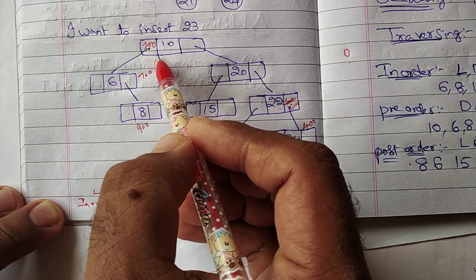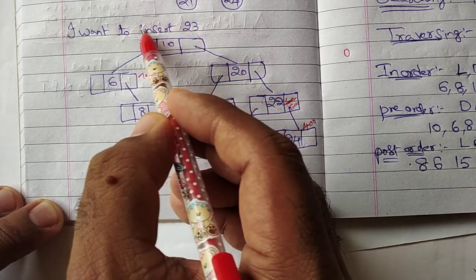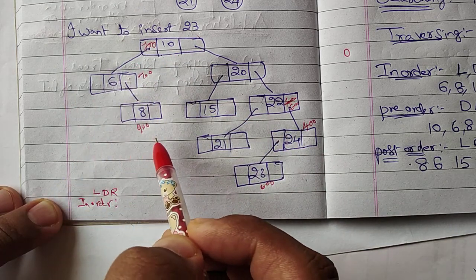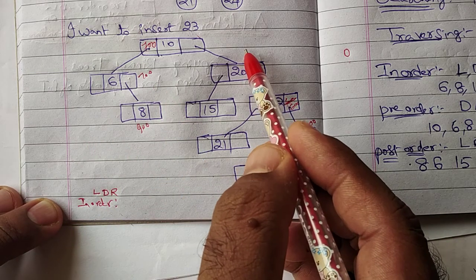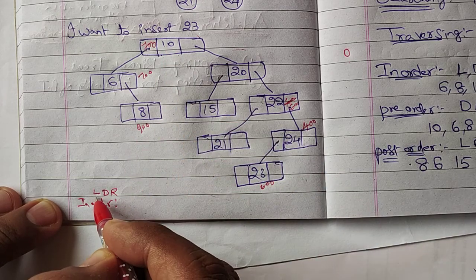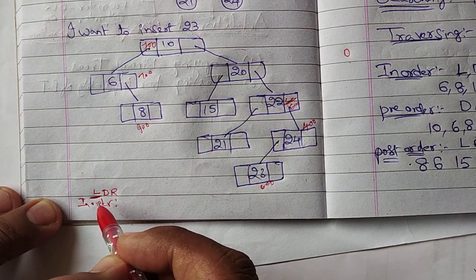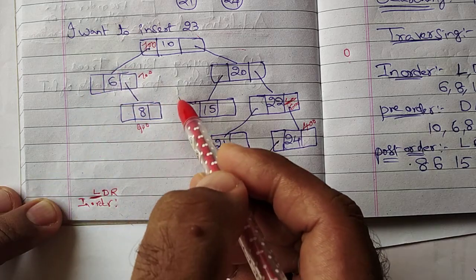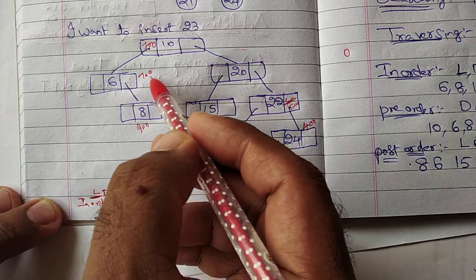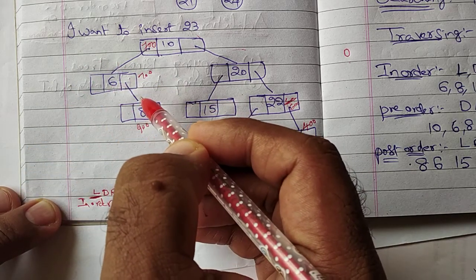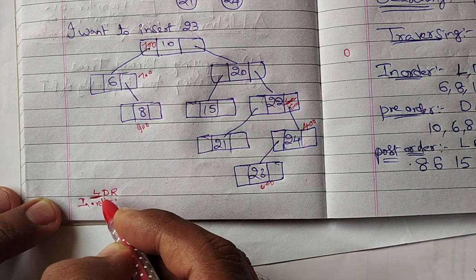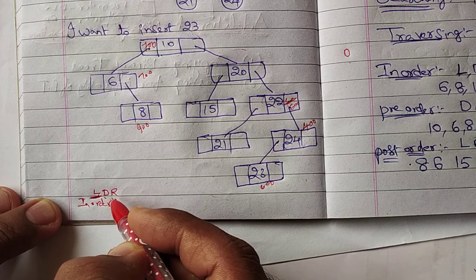So what is the root node here? Also assume this is D, data node. Data node is 10. For the data node 10, this is totally called left subtree, and this is totally called right subtree. Okay, now what is the rule? First visit left subtree, so come down to the left subtree, but there is again one more binary search tree, so simply apply the same rule, LDR.